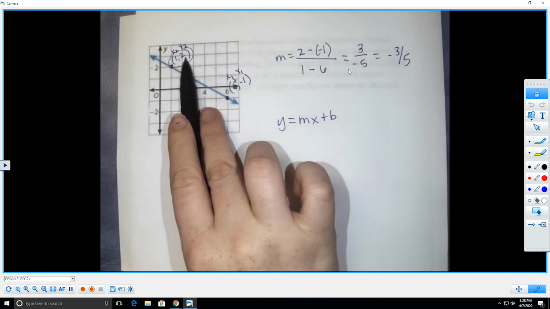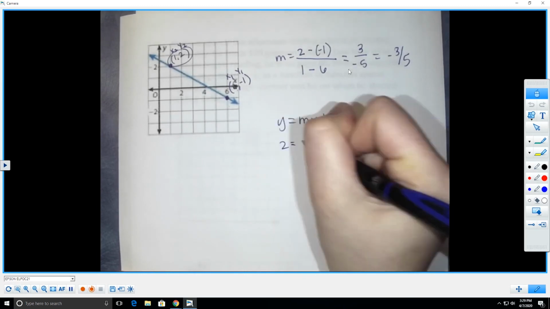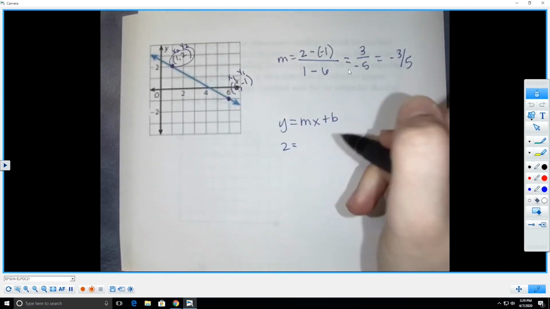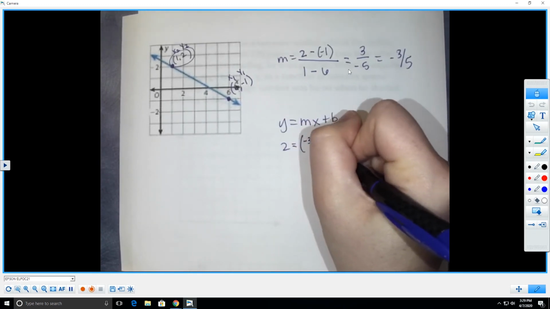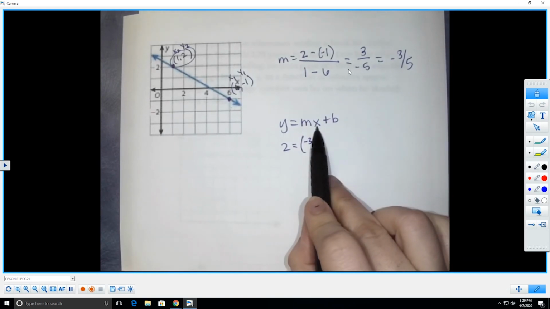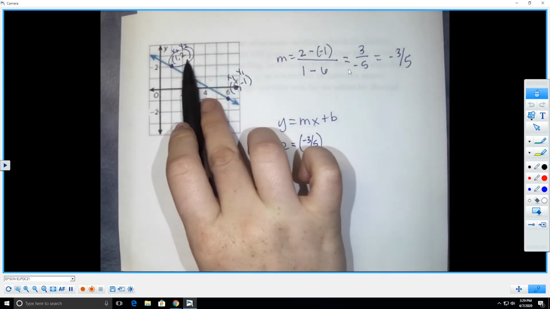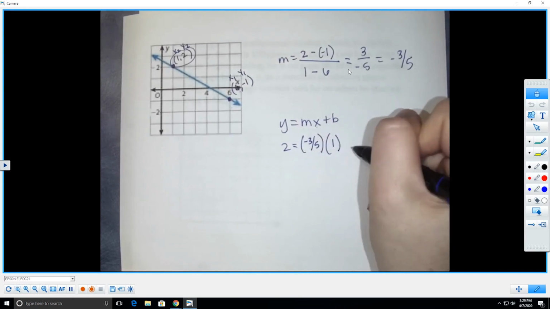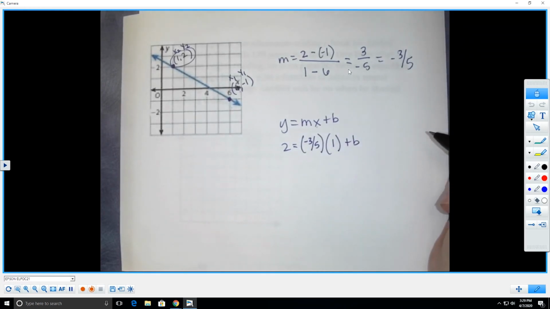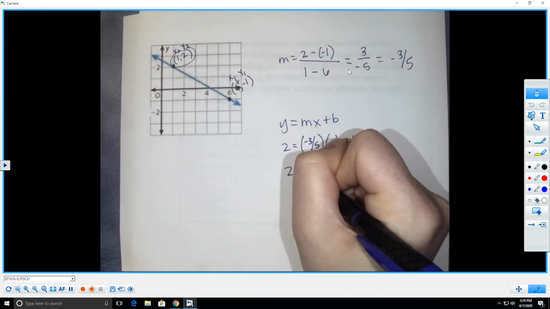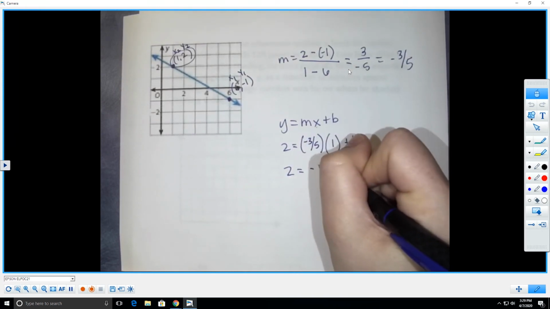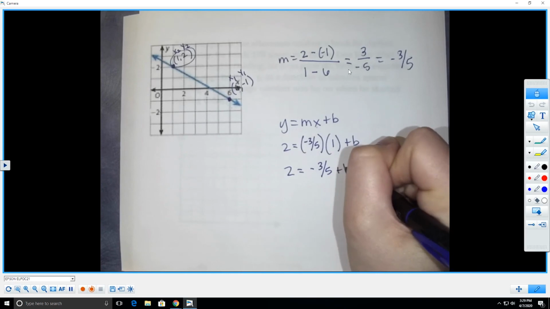I'm going to use this y value 2 and this slope, or rate of change, of -3/5. Then I'm going to plug in my x value, which is 1 when my y value is 2, plus b. So then I come up with 2 equals -3/5 plus b.